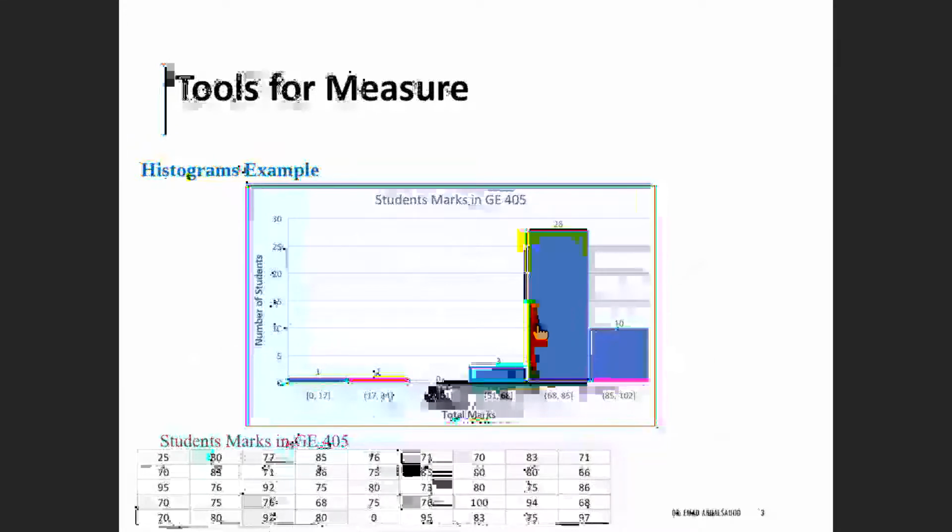All this I could easily extract from here, compared to the student marks as just numbers, as shown in the table.